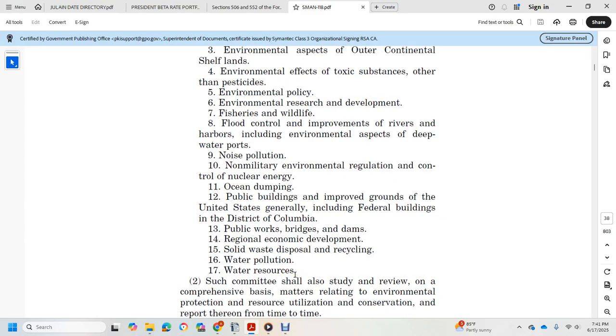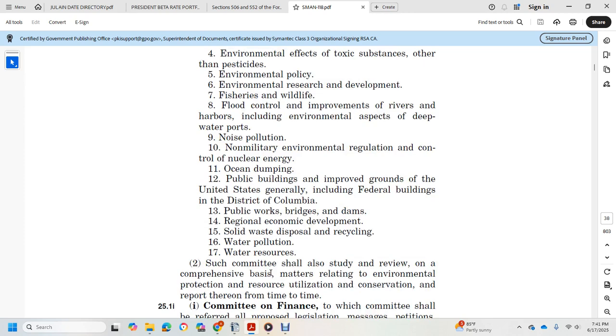Such committee shall also study and review on a comprehensive basis matters relating to environmental protection, resource utilization, and conservation, and report thereon from time to time.